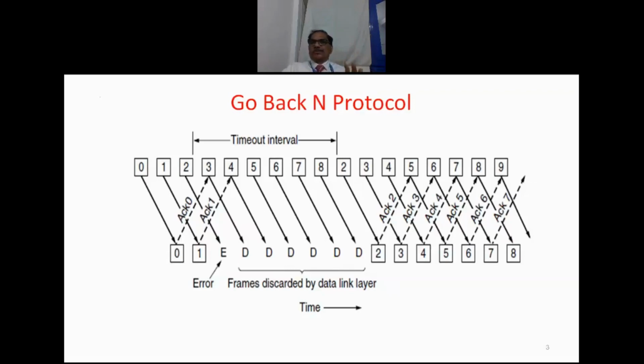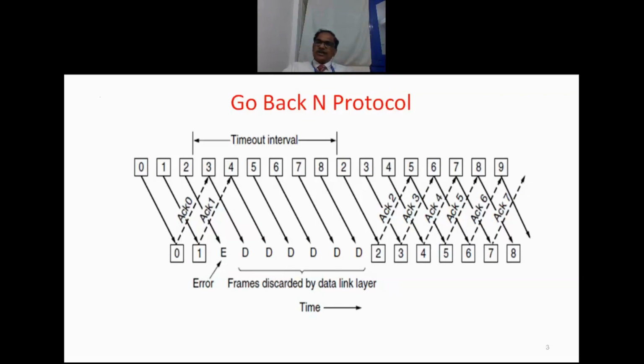So the sender has to allocate more buffers for storing all these frames at the data link layer of the sender, until it can receive the acknowledgement for that particular frame.